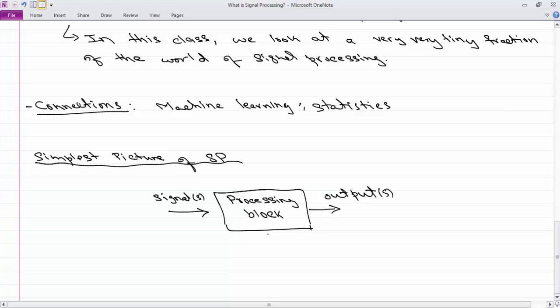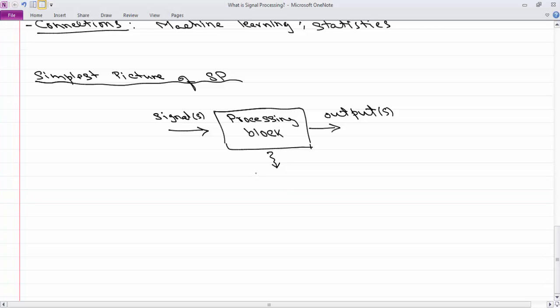Now, in the signal processing language, this processing block is given a certain name. That processing block, in the electrical engineering or signal processing parlance, is called a system. So what is the technical definition of a system?